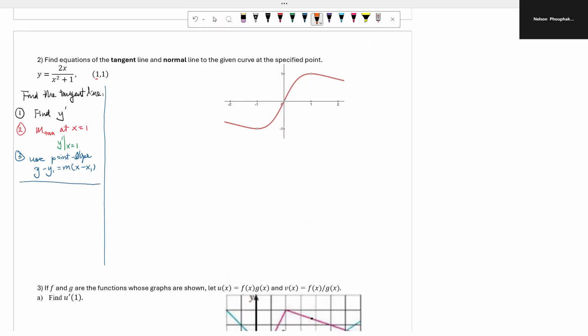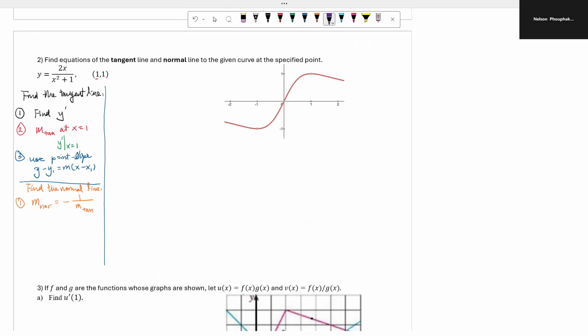So if I want to find the normal line, then again, if we know the slope of the tangent, then we will be able to find the slope of the normal, which is negative 1 over the slope of the tangent.